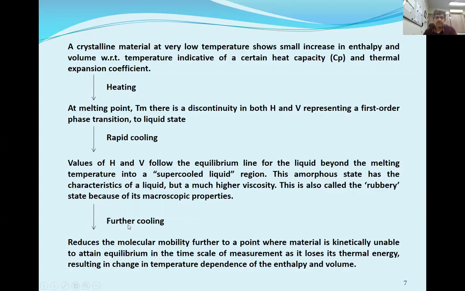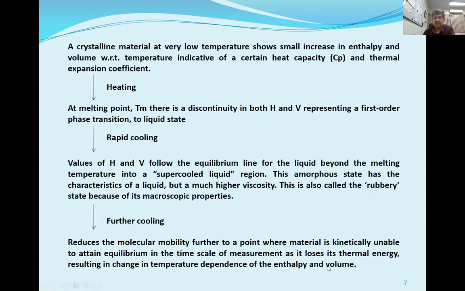If you keep on cooling further, the molecular mobility reduces further to a point where the material is kinetically unable to attain the equilibrium in the time scale of measurement as it loses its thermal energy, resulting in change in temperature dependence of enthalpy and volume. This is basically seen as a deviation in the equilibrium pathway.